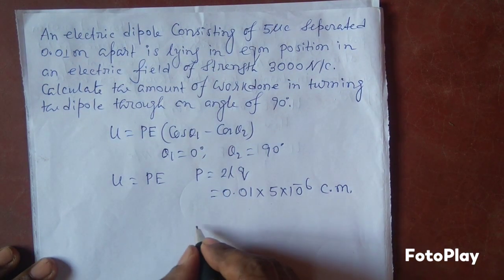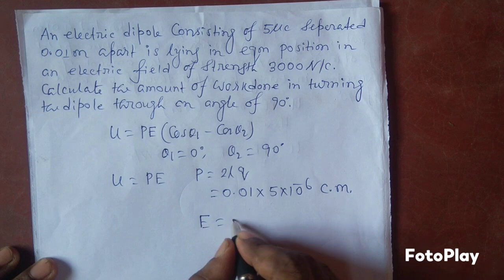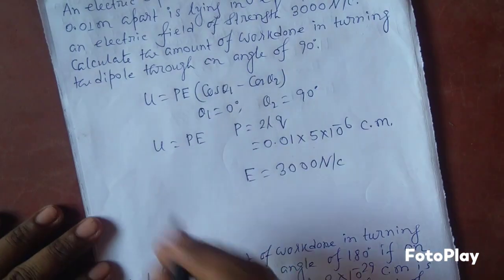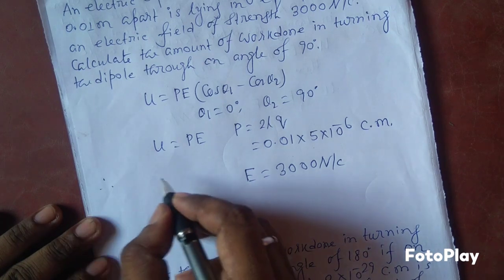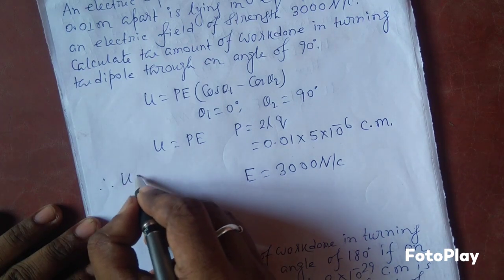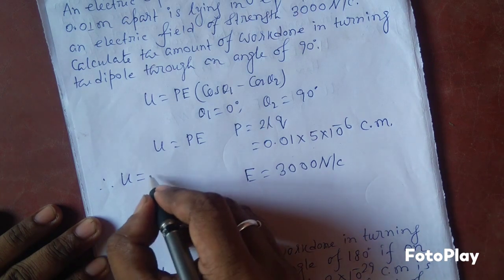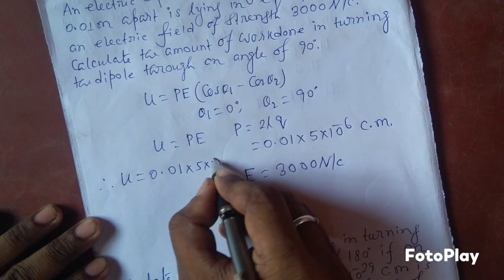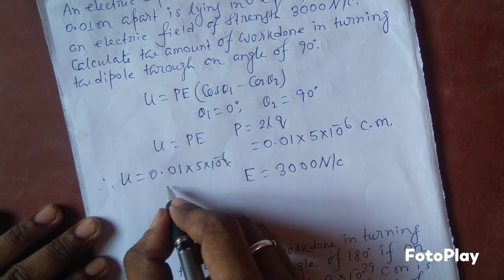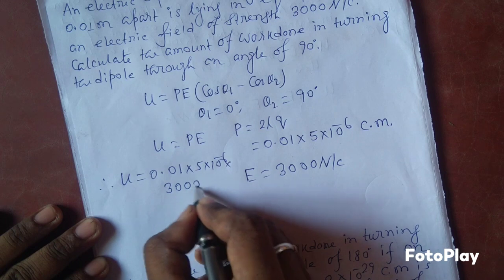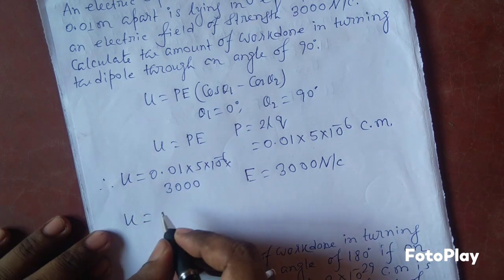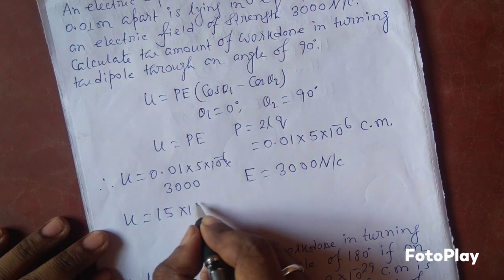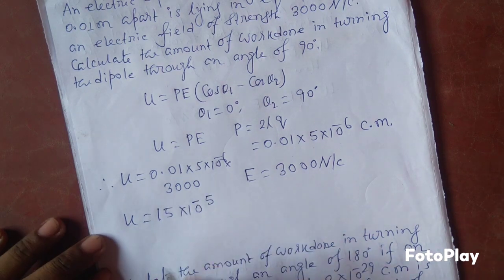E is given. So putting the value of these two factors, we can easily get the value 15 into 10 to the power minus 5.